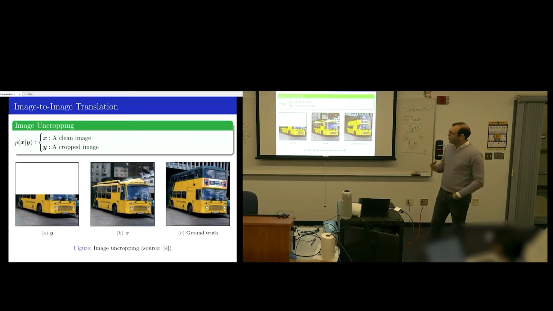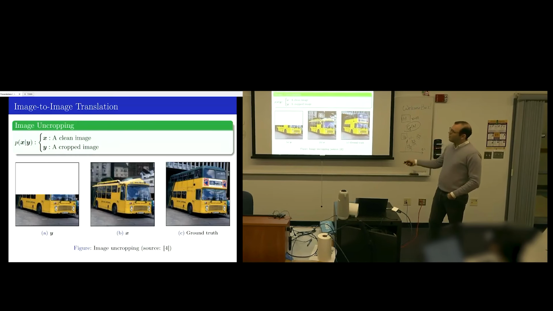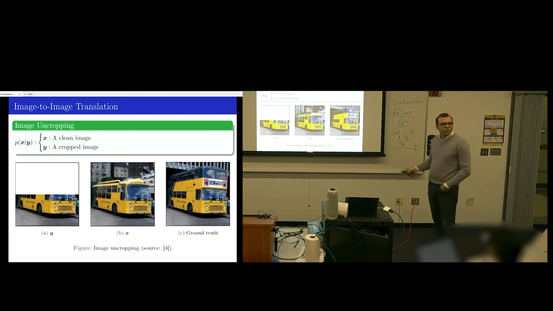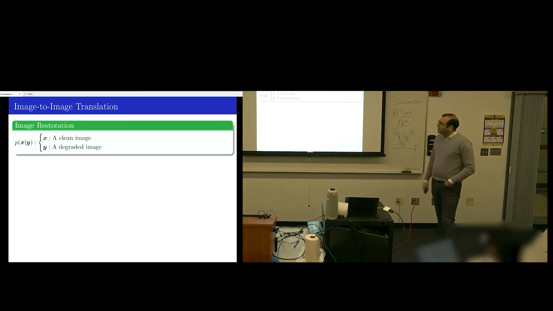And another important point is that this is not the only output that the model can generate. You can sample another image from your model, get several samples from the model and select the best one. This is one of them, and this is the ground truth one. So again, you have a conditional generative model.